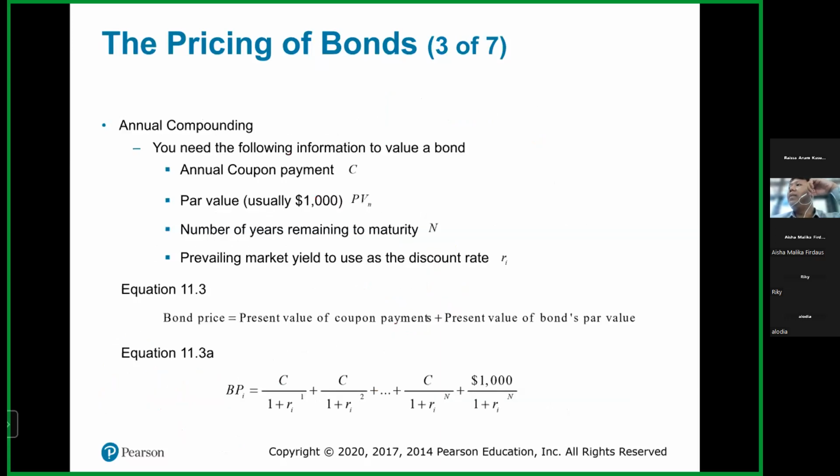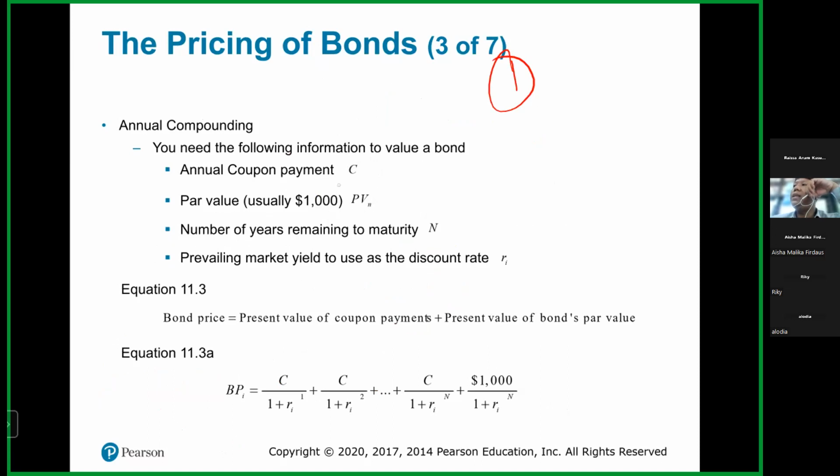Annual compounding. First, we will learn about the bond with annual coupon rate. For example, the annual coupon payment. So a bond will give you a certain coupon payment with par value of 1,000.